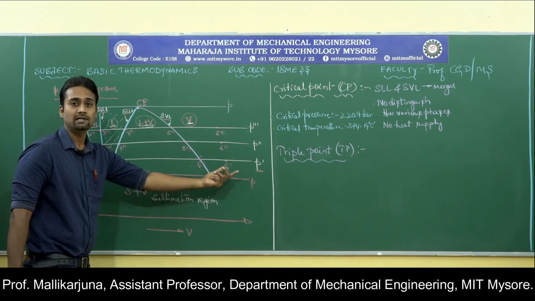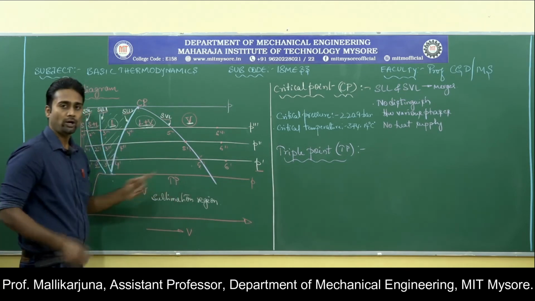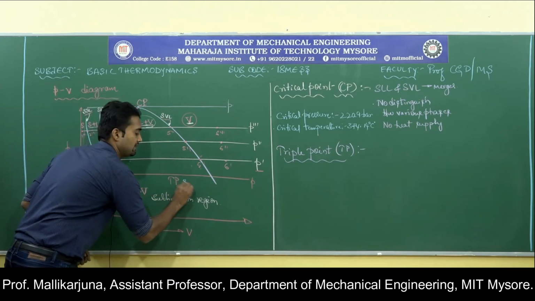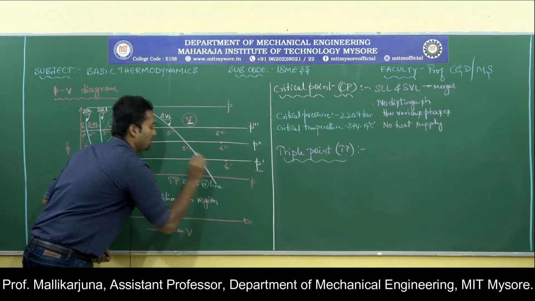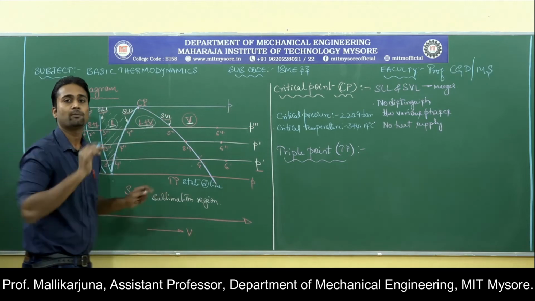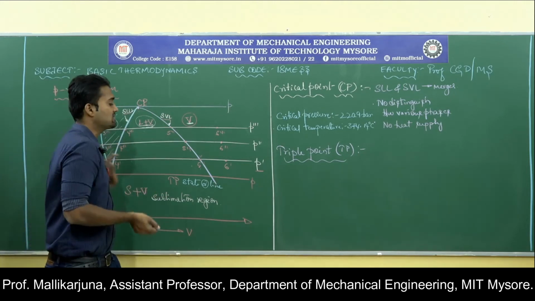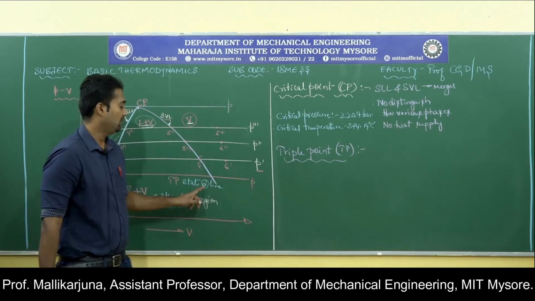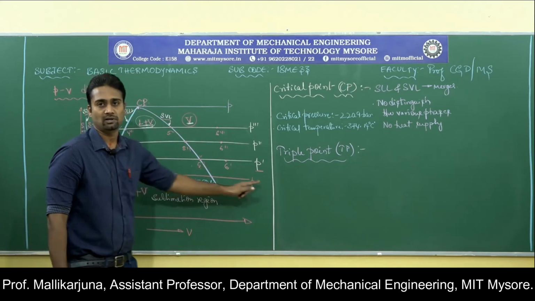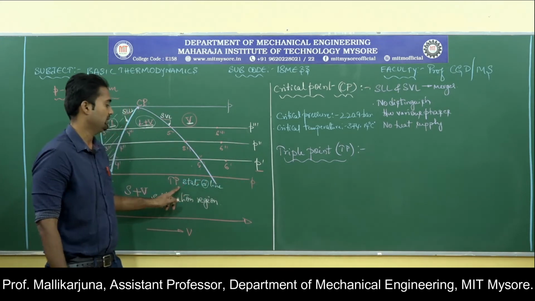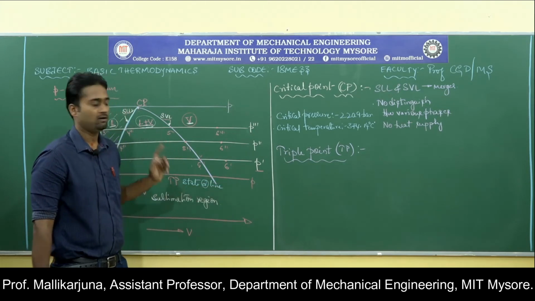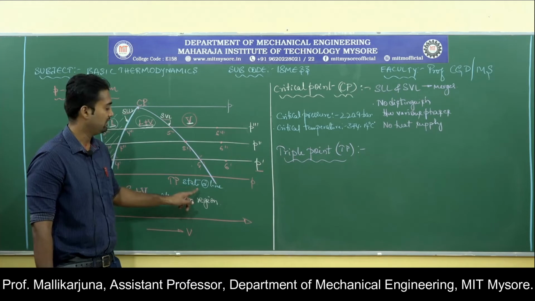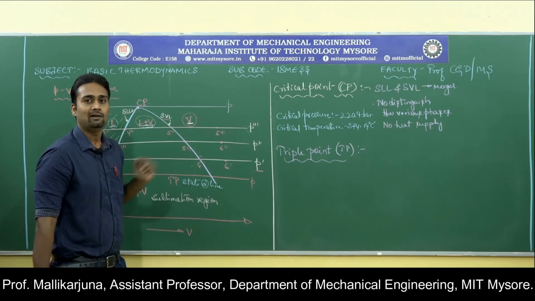Here, point in the sense of a state, or line. Don't get confused over here. Triple point in the sense I am not talking with respect to a point. It is the state of the substance, or it is nothing but the line in this particular situation. Triple point state, or triple point line. The meaning of the triple point itself is triple point state or triple point line.